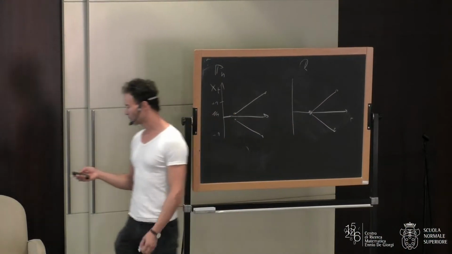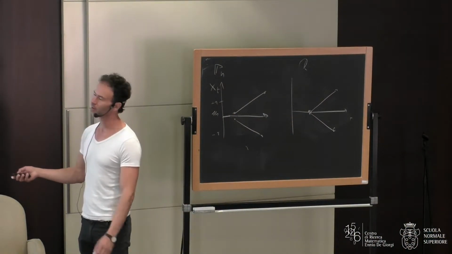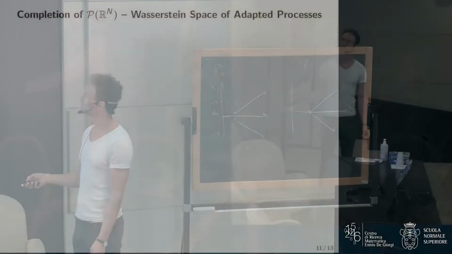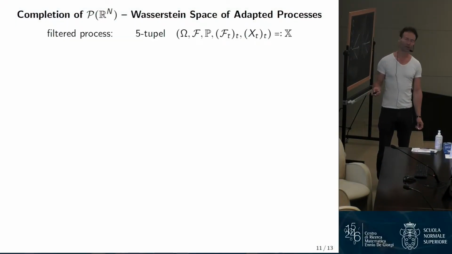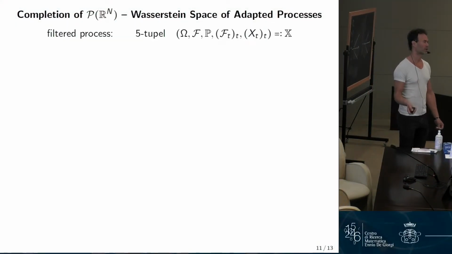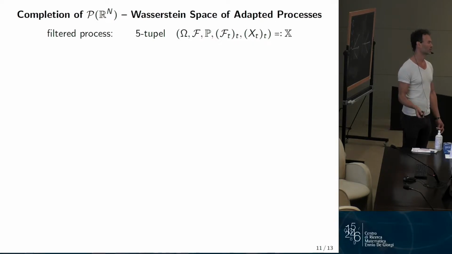So for a while I thought this is sad, but by now I think there's actually something nice behind it. Namely, if you want to go to the completion, what you end up with is precisely stochastic processes plus a filtration where the filtration is potentially non-trivial.